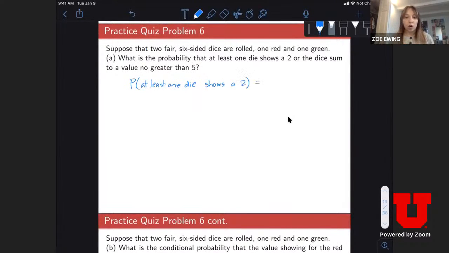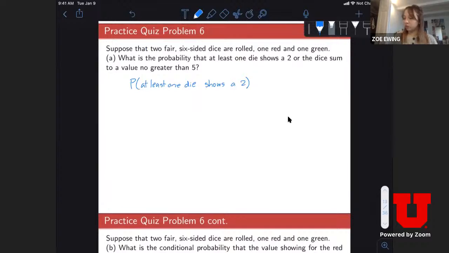Okay, so we can think of this as, let's see, 36 different options. Actually, you know what, I'm going to do this a different way than I've got here because I think it's a little bit easier.